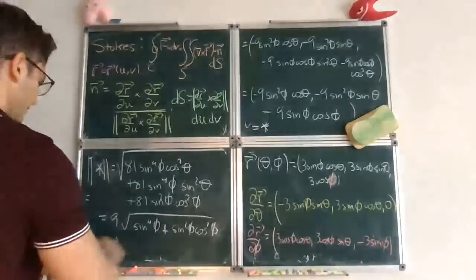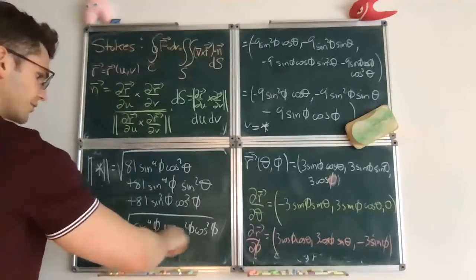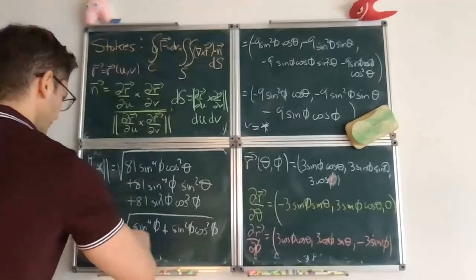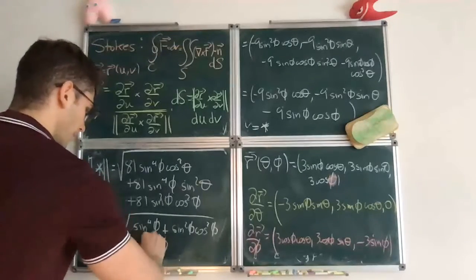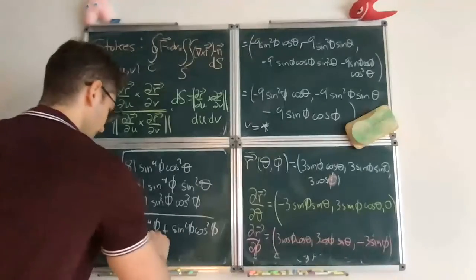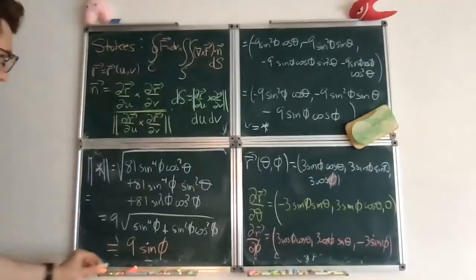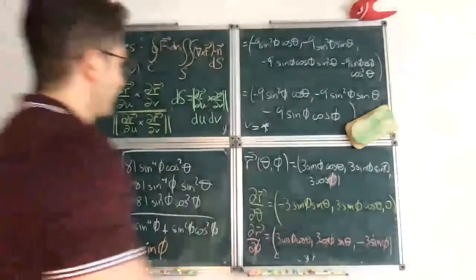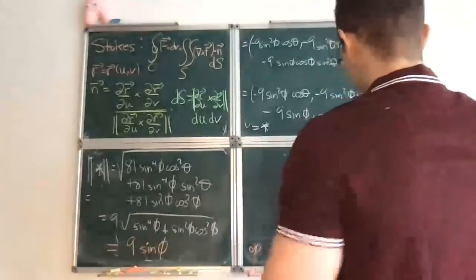It comes out of the square root as 9 sine of phi, and then you just get sine squared of phi plus cosine squared of phi. So this norm is just 9 sine of phi. So this is pretty cool. That norm is all that we really cared about. So we can erase this already.